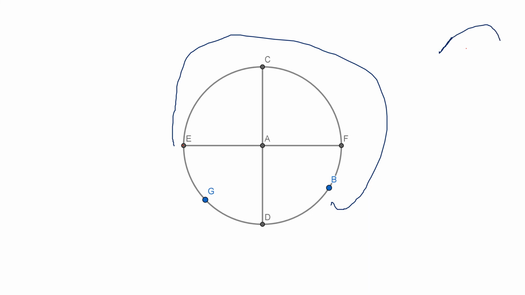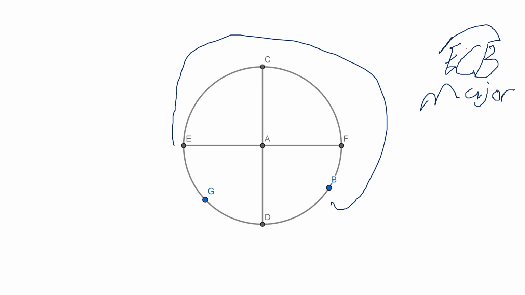When you have arc E to B, you need to put a letter in between E and B as a reference. For example, it passes through C, so that we have arc ECB. That is what we call a major arc, because it is more than 180 degrees.